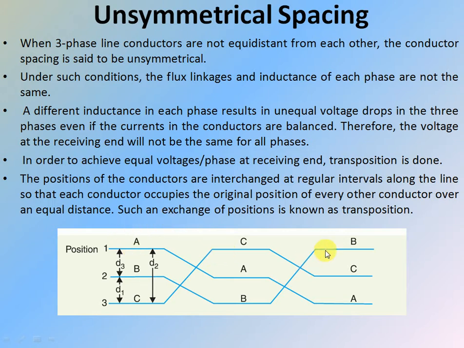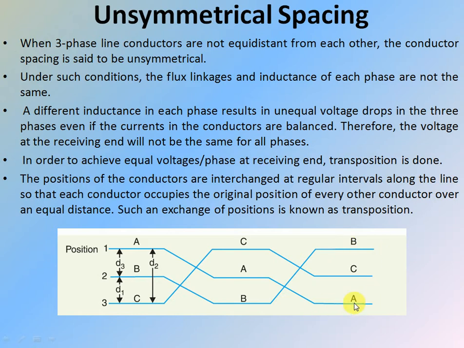Then the position of conductor C will be occupied by conductor B, the position of conductor A will be occupied by conductor C, and the position of conductor B will be occupied by conductor A. So the positions are interchanged in such a way that each conductor occupies the original position of the other over an equal distance.